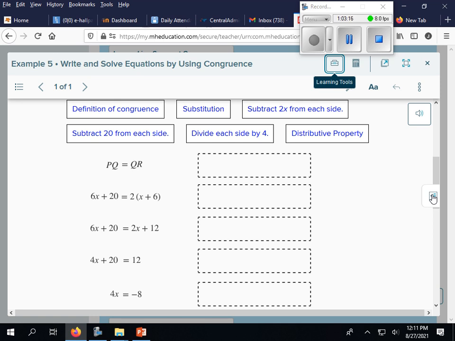How do we know that segment PQ was equal to segment QR? When we said two things are congruent, we said that means that they're equal. So drag that and drop it right in there. I missed my box.